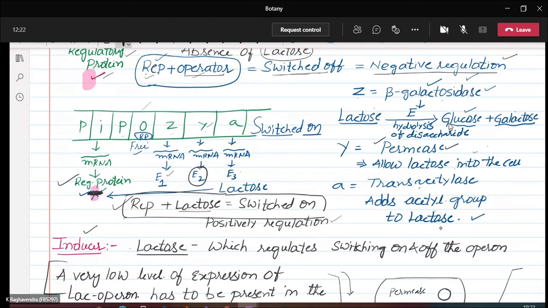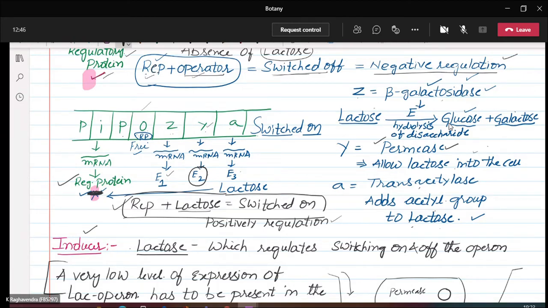Till now, we do not know the significance of the addition of acetyl group onto the lactose. It is meant to protect the lactose from being digested by other enzymes. That is the only significance. Let's talk about when a bacteria is present in a media containing lactose.